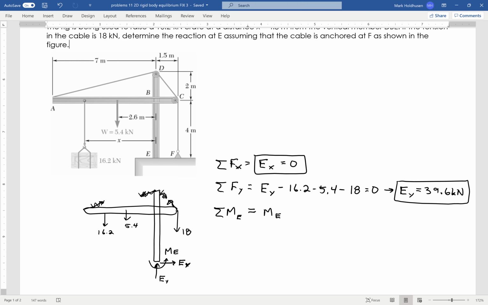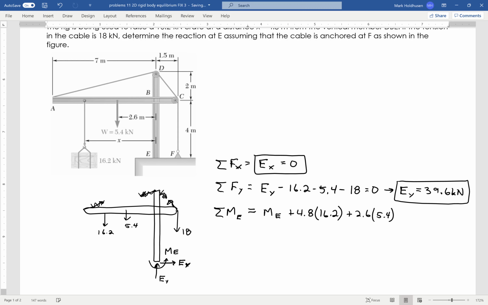Then I just basically have those three R cross Fs, which are all going to be horizontal distances times vertical forces. So I have that 4.8 distance times 16.2. That's creating a counterclockwise rotation, so it's positive, as is the 5.4, which is 2.6 away.